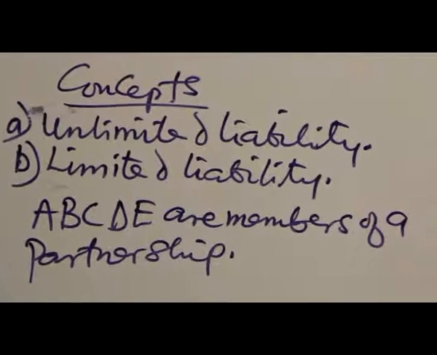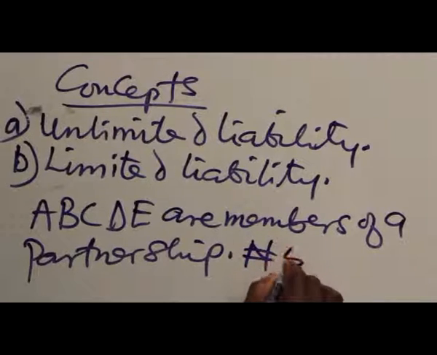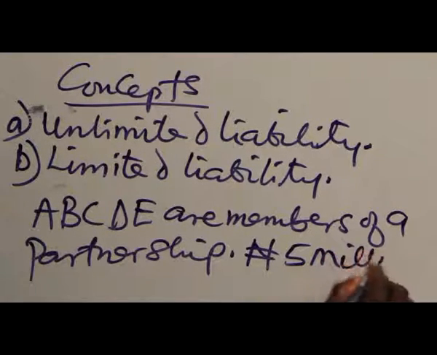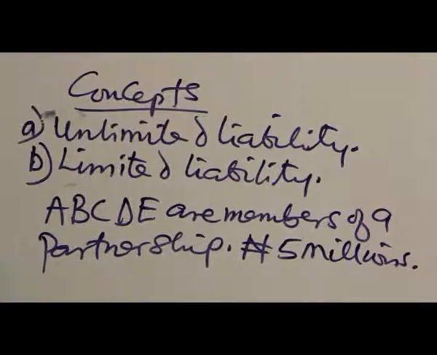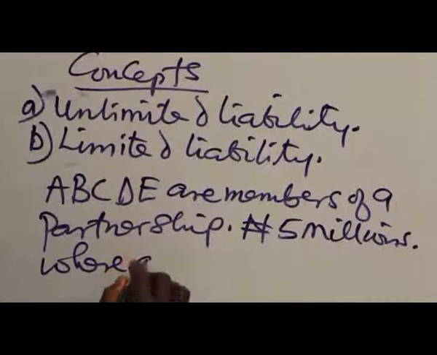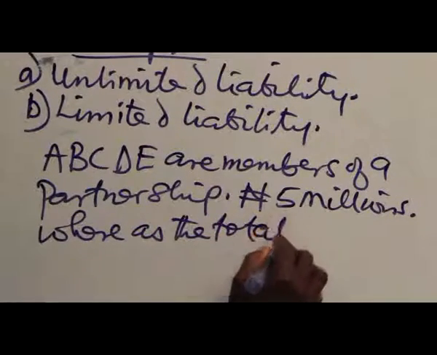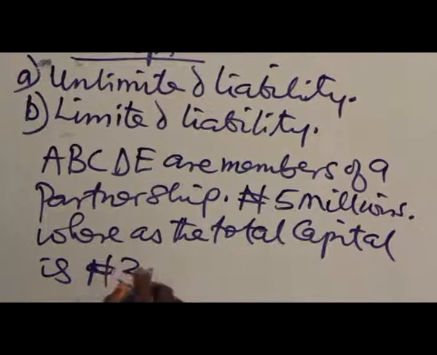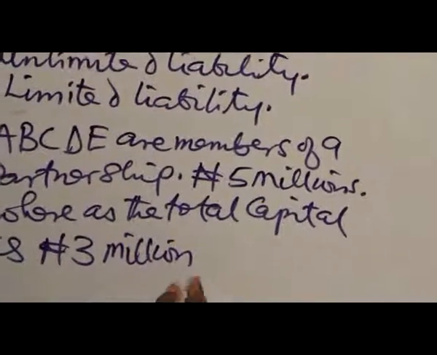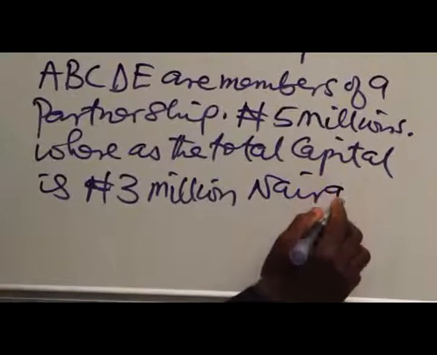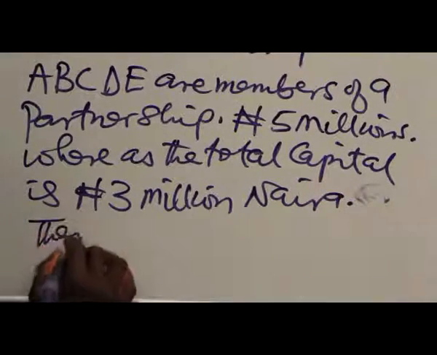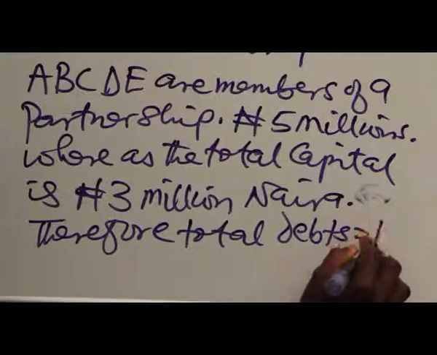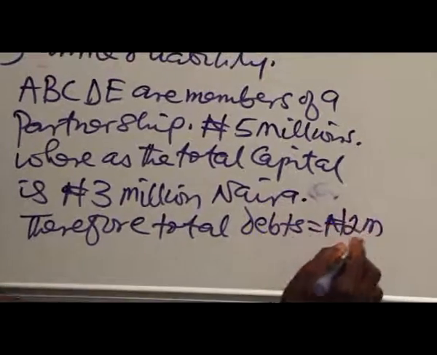And this same business is owing 5 million naira, whereas the total capital is 3 million naira. Therefore, total debt equals 2 million naira.